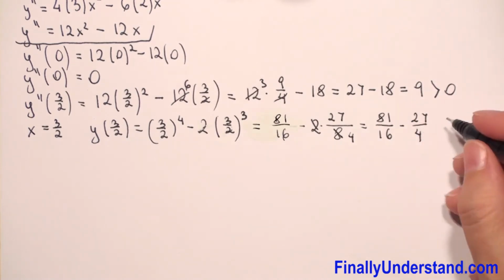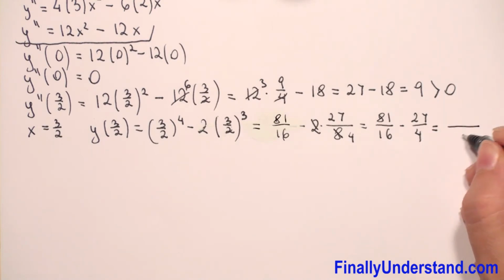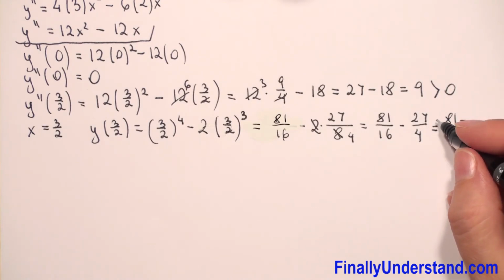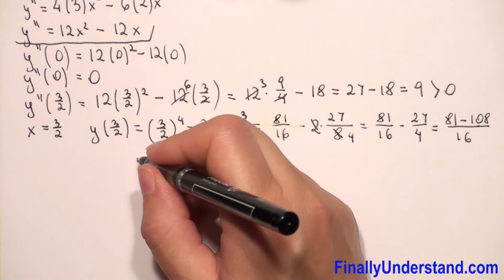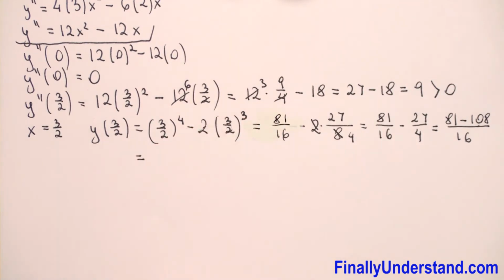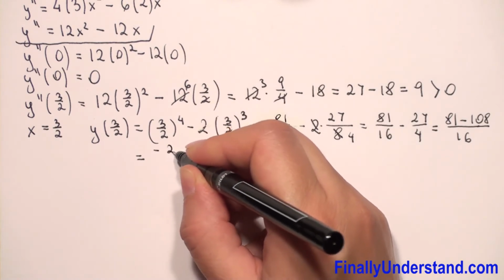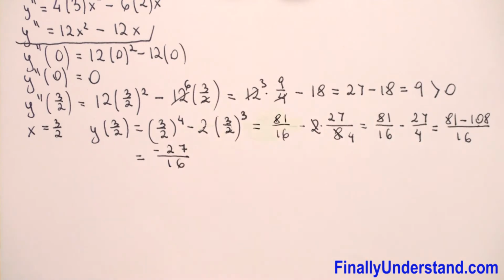To subtract the two fractions, we need the same denominator, which will be 16. So we have 81 minus 4 times 27, which is 108. So this is equal to 81 minus 108, which is negative 27 over 16.